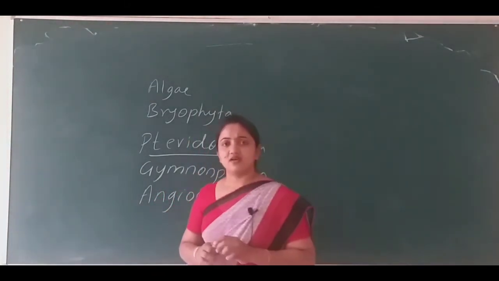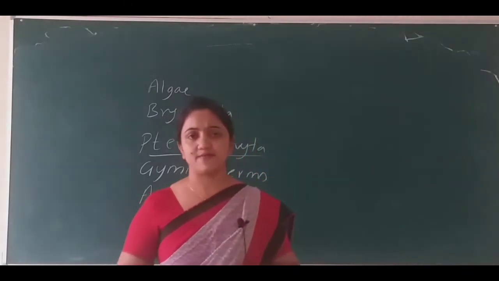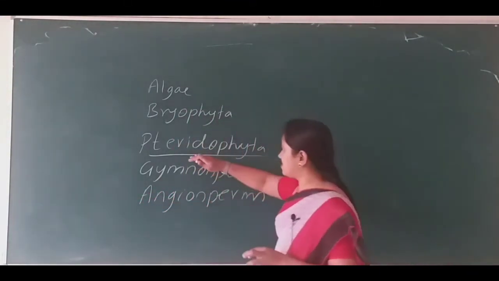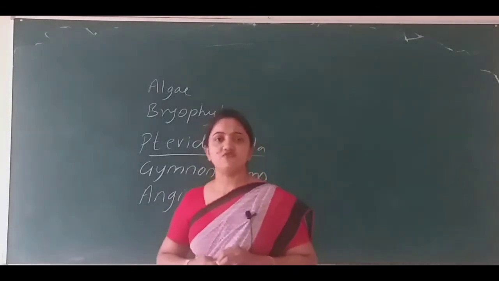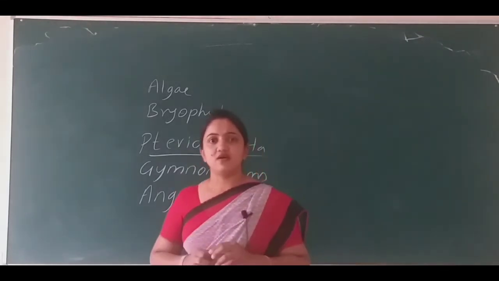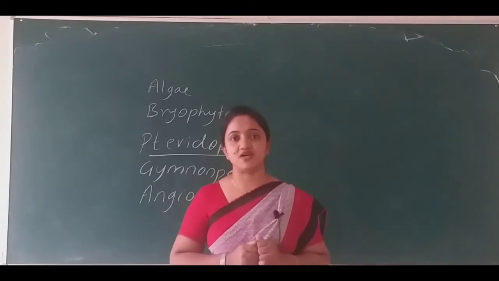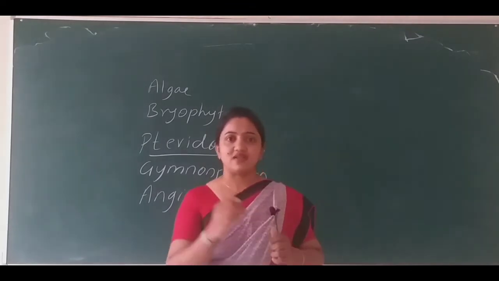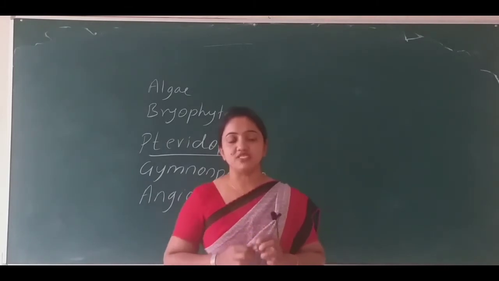That's why the common name for Equisetum is horse tail plant. And next, we can see the species of Pterophyta when a heavy shower occurs, under damp places, moist places.